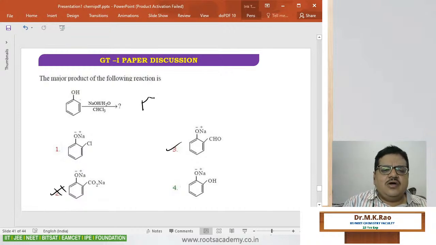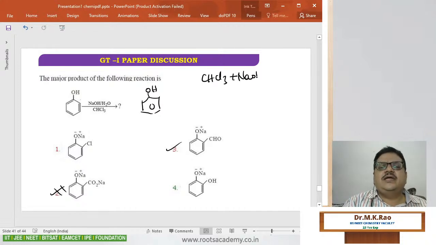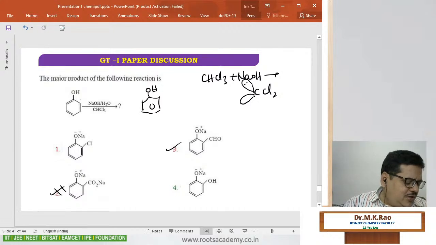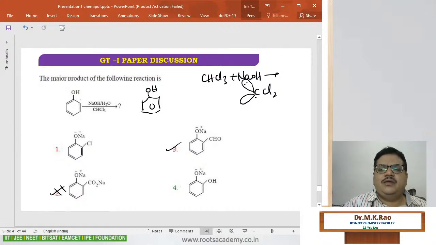Phenol upon reaction with chloroform CHCl3 and sodium hydroxide first forms dichlorocarbene, which has a vacant orbital. I'm in the paper discussion; it will finish in 10 minutes.